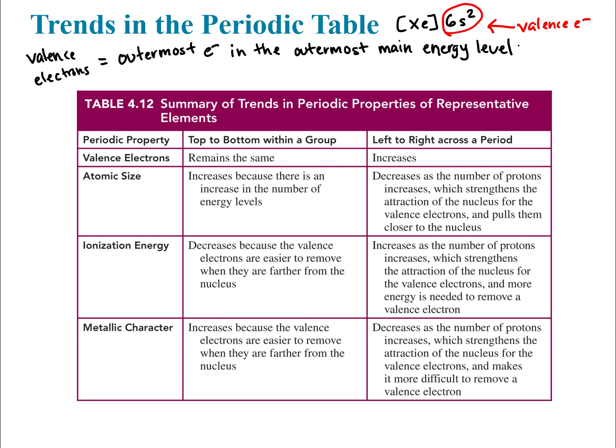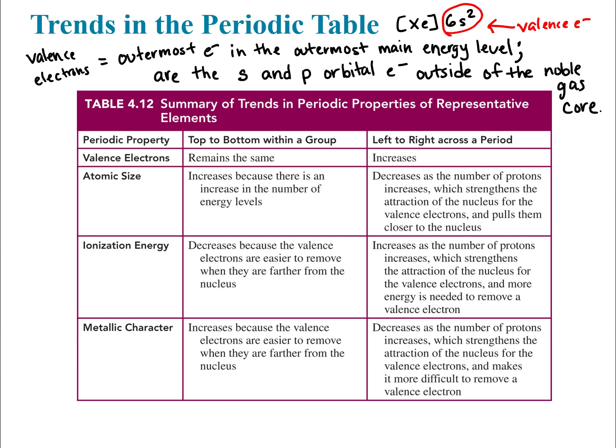Another way that you can identify valence electrons, they're always going to be in the S and the P. And those are going to be the ones outside of the noble gas core. So that's what valence electrons are.